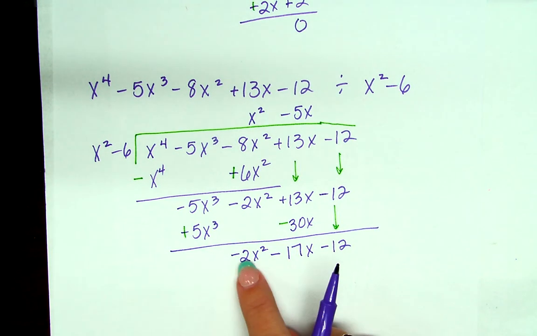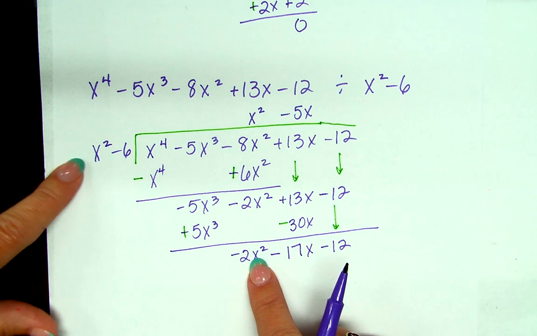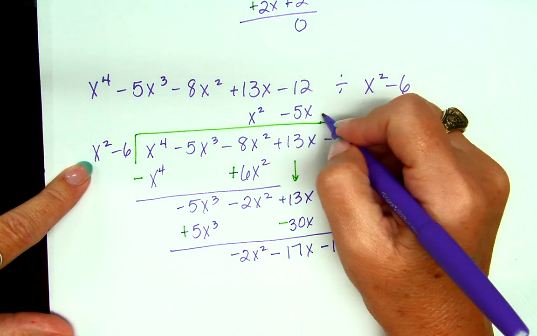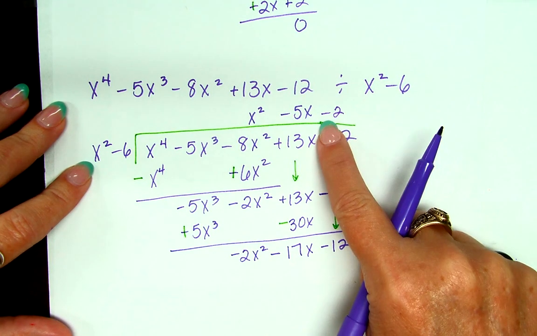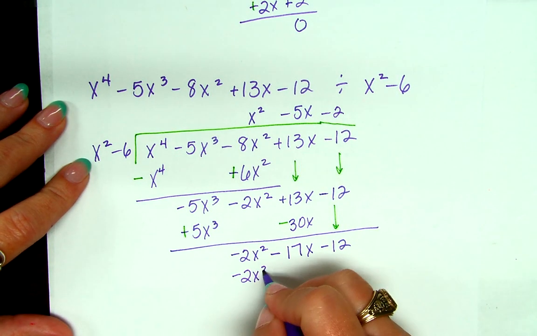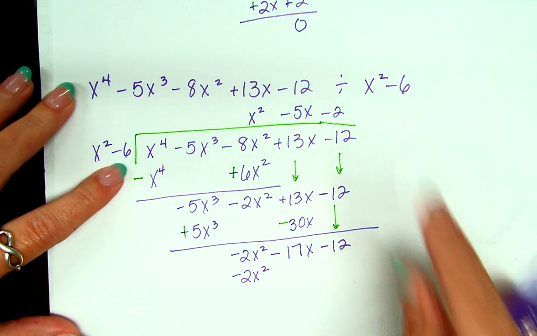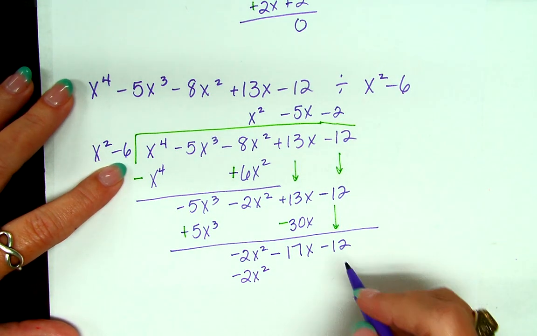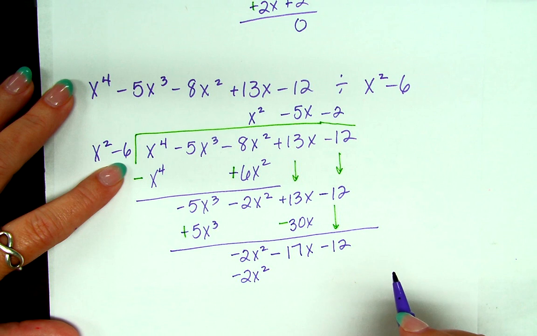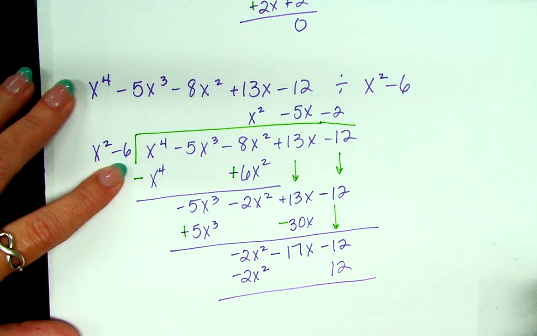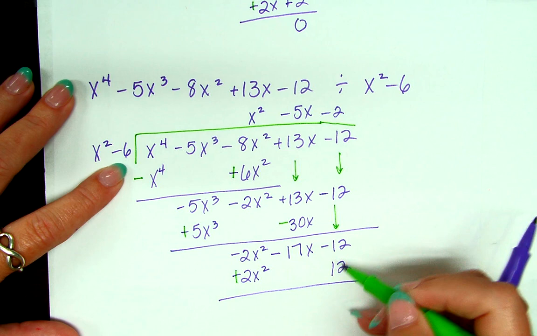And can you divide x squared by x squared? Yes, so it's negative 2x squared divided by x squared. Negative 2. Multiply negative 2 times x squared. Negative 2x squared. And negative 2 times negative 6. Positive 12. Just 12, right? Not 12x, just a 12. And now subtract.